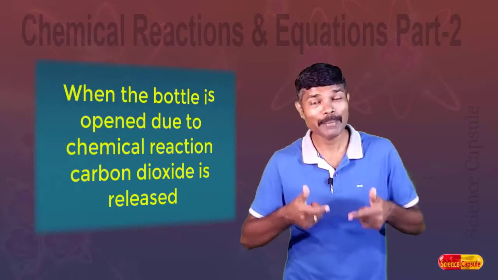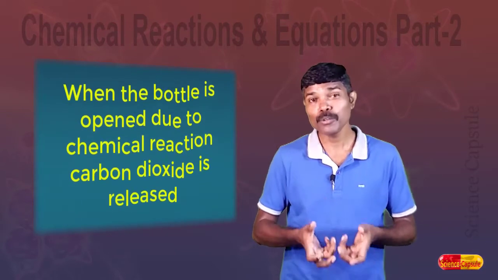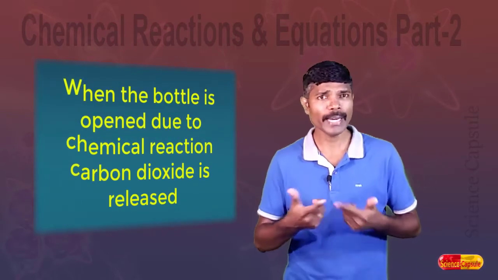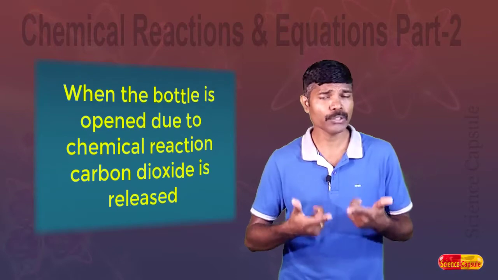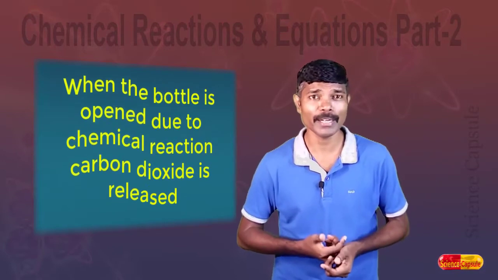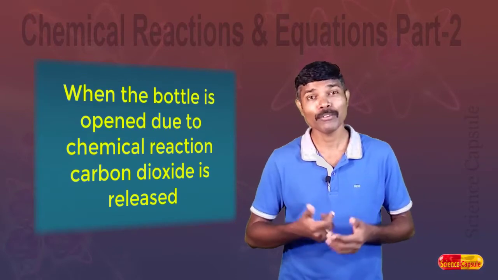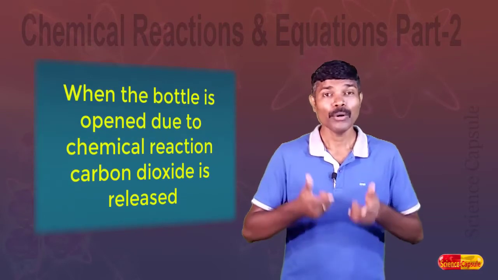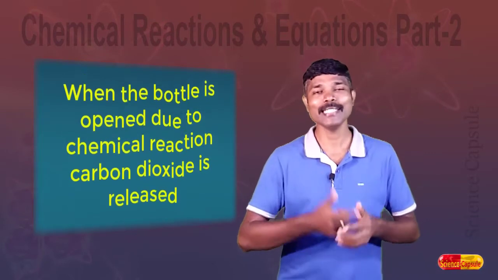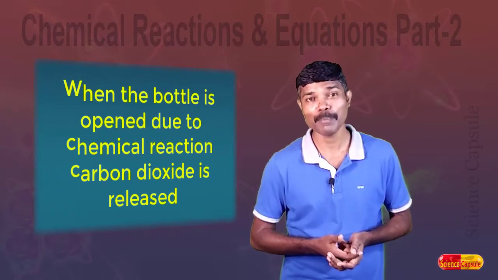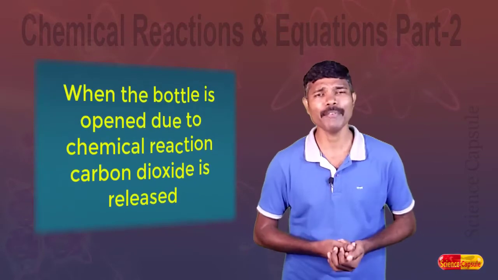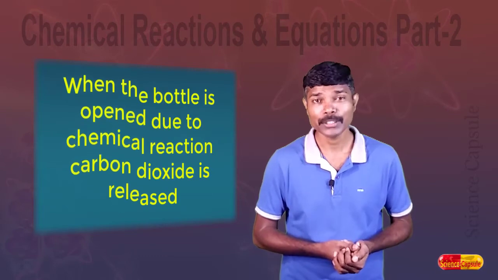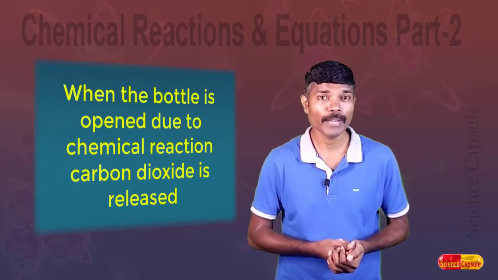So here in the chemical reaction we can see evolution of gas. So we can say that during a chemical reaction, evolution of gas can also take place. So evolution of gas is one of the physical parameters by which we can easily identify that a chemical reaction is followed by evolution of gas.